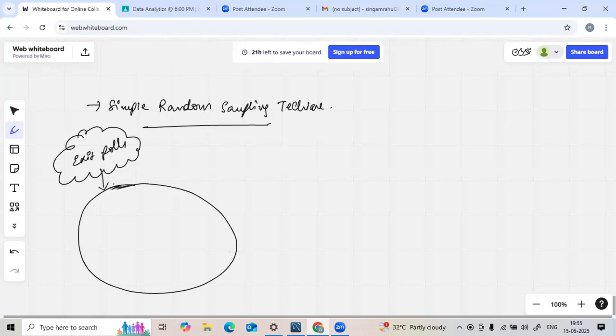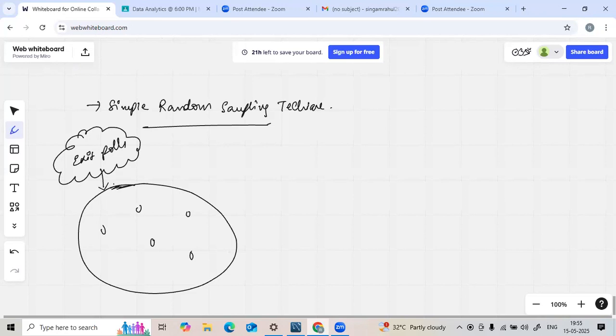Now, it's not the case that you will go to only this particular locality or area and do the survey. Randomly, you'll go to 4 to 5 localities in that population and do a survey there.